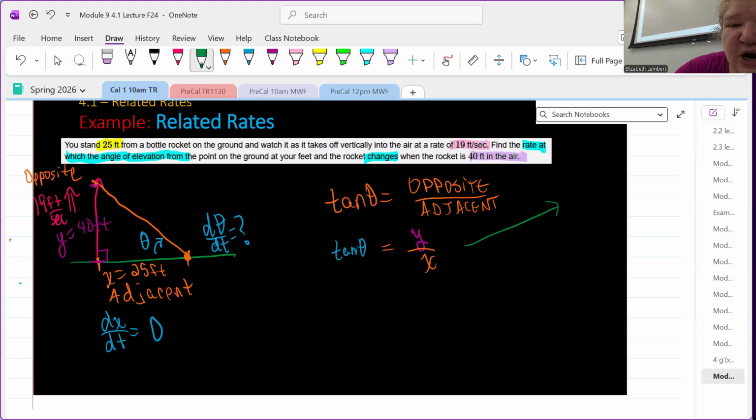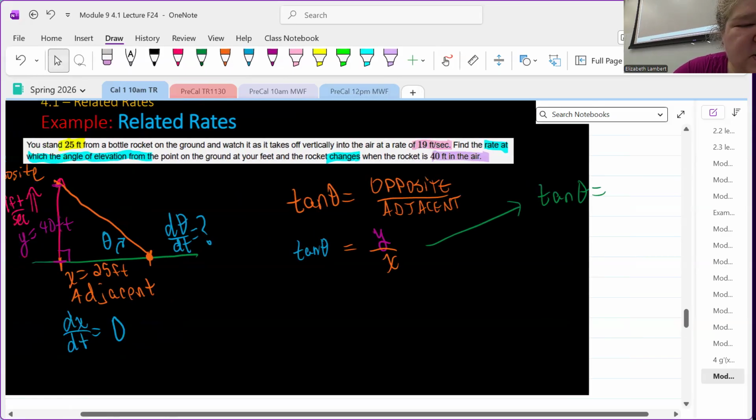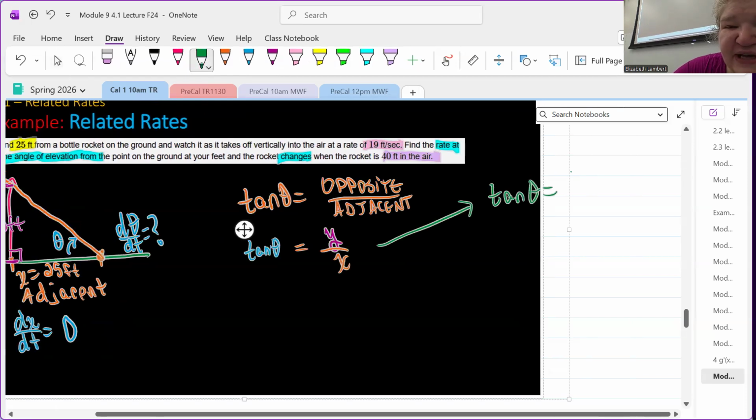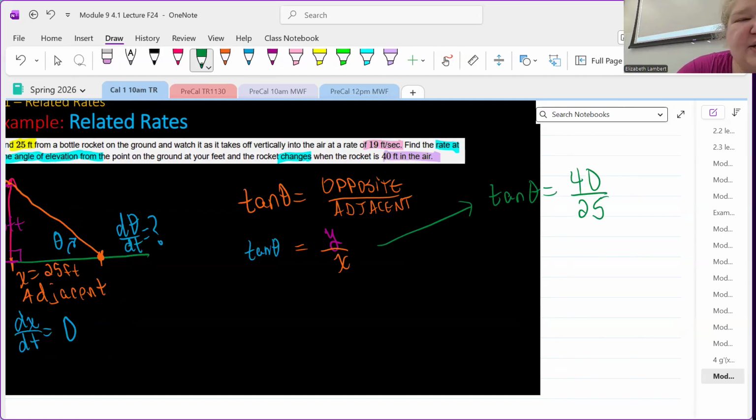So we're going to use our function that we determined, tangent of theta equals our y, which is 40 feet, and our x, which is 25. So now, what do I do to this function, tangent of theta equals 40 over 25, to get theta by itself?